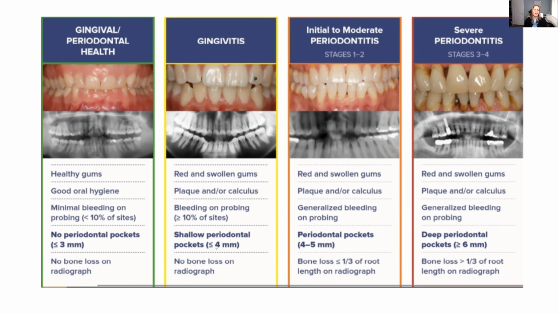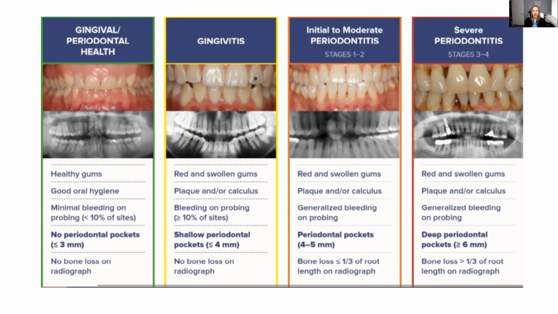Actually, no, sorry, it's kind of saying grade less than or equal to. So this is dependent on how you're looking at things. If there's one 4mm pocket, honestly, I don't worry about it. I'm making a note in the chart. They have localized perio, but it's one pocket. I'm not worried about it. I'm more focused on the gingivitis part of it.